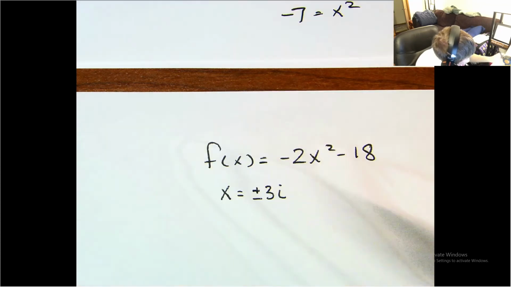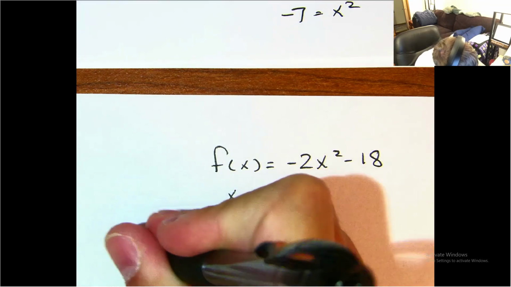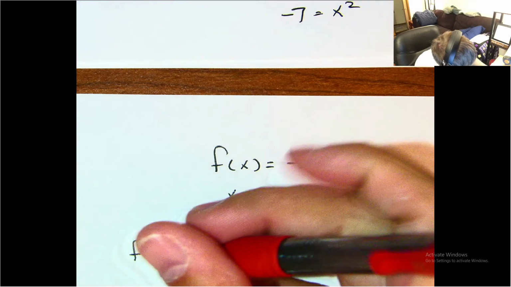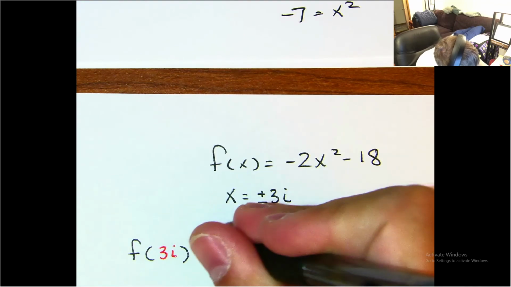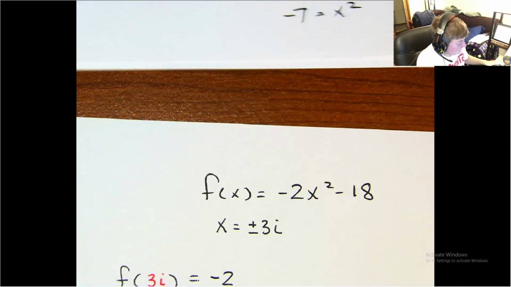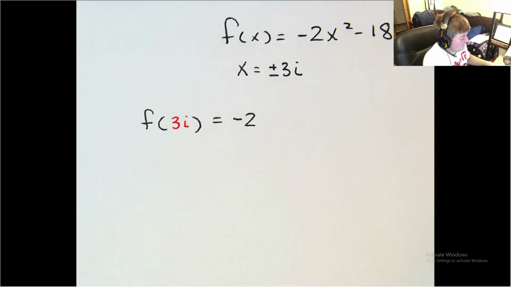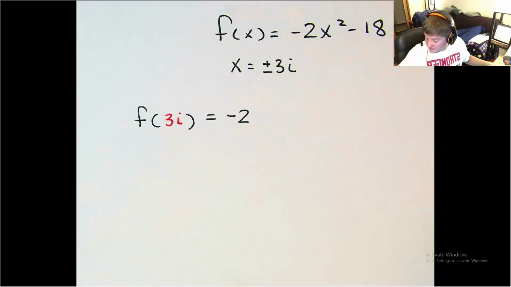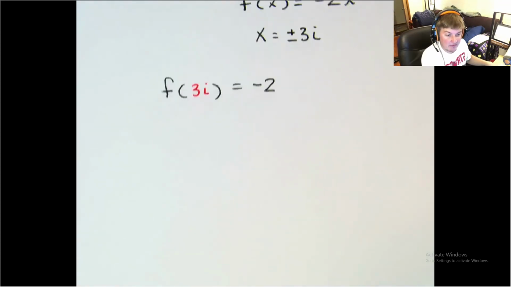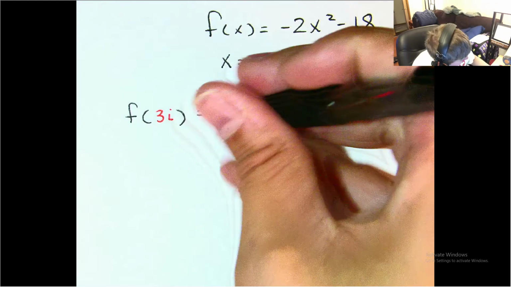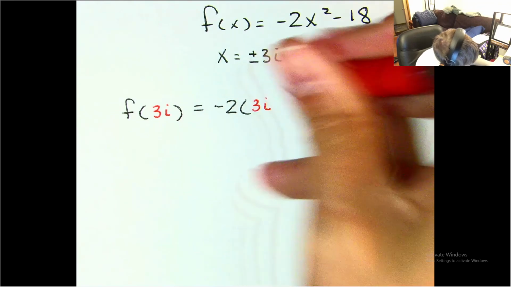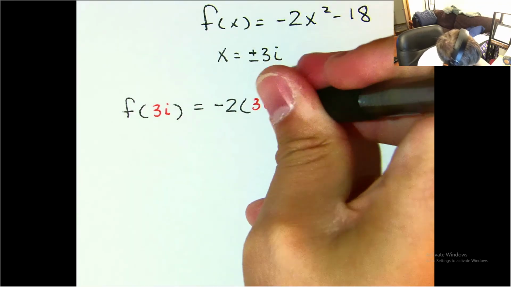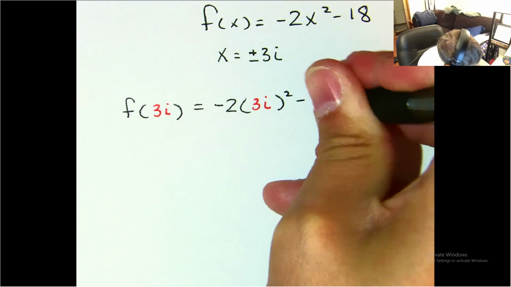So what I'm going to do first is test f of positive 3i. That means I'm going to have negative 2 times 3i squared minus 18.